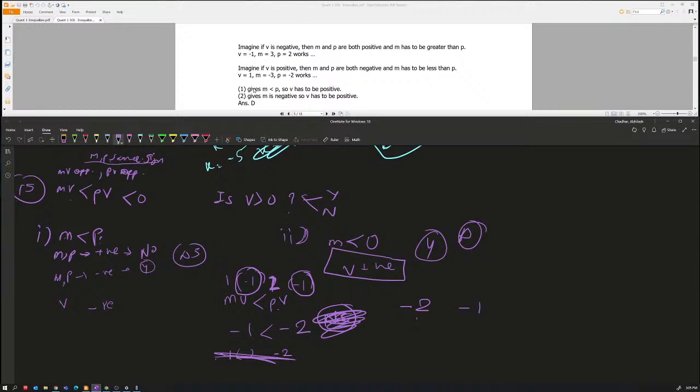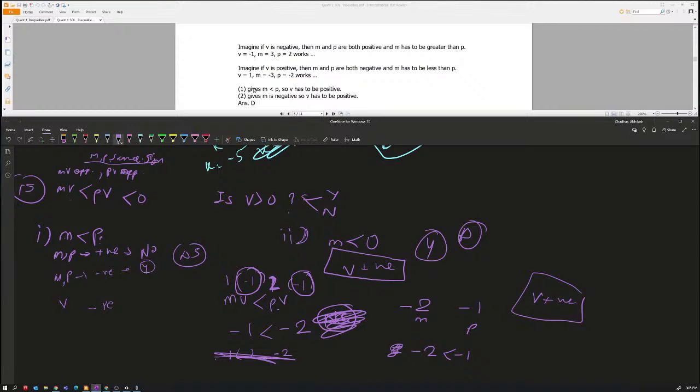In that case, V is, suppose, 1, because V has to be positive, and M, which is minus 2, is less than P, which actually works. So V positive is working, V negative is not working.